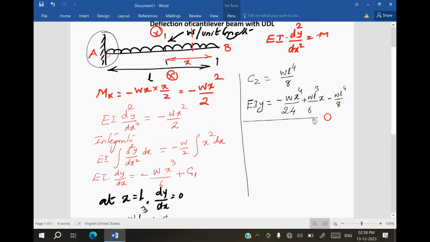This is your general equation for EI into Y.